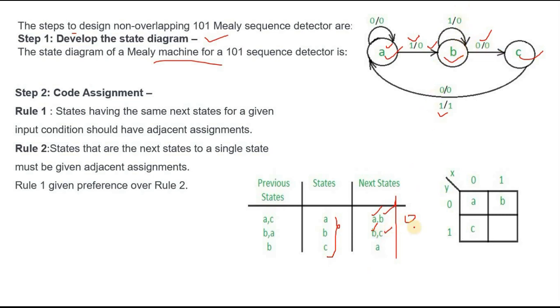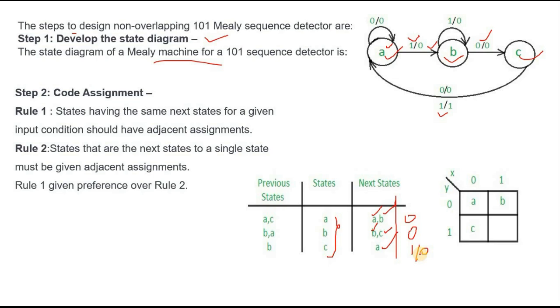So in both cases, output is 0. And C to A is the case, and inputs are 0 or 1, so you will get the output 1 or 0. So this is the thing you need to understand from the state diagram.